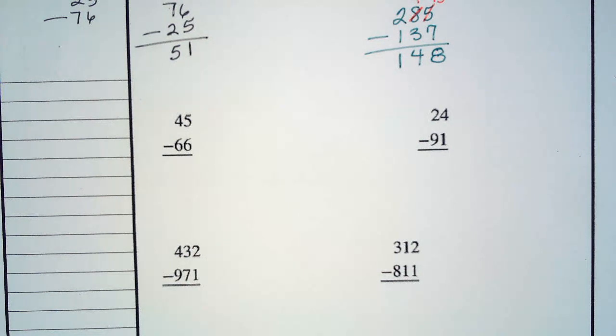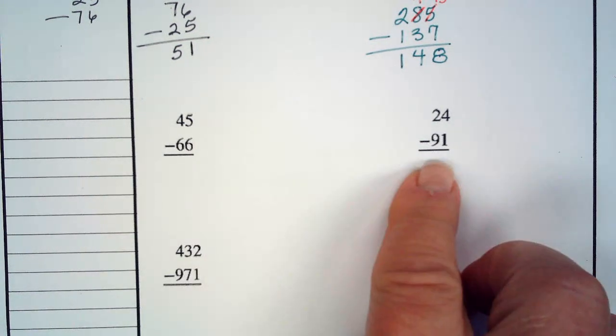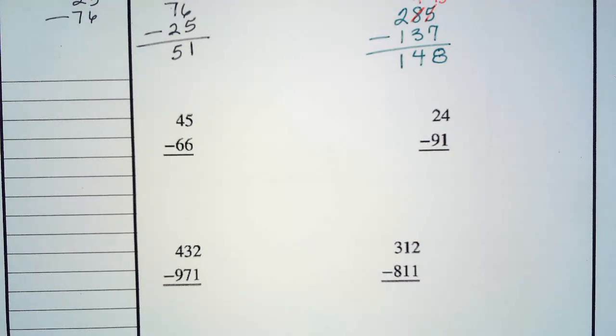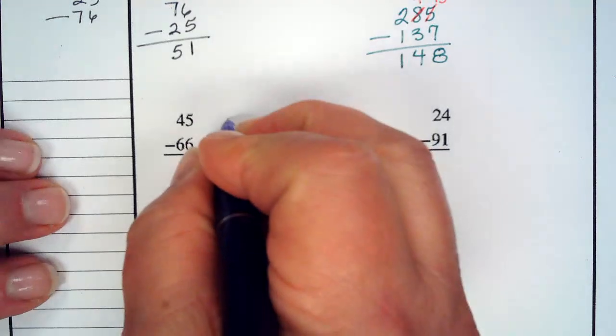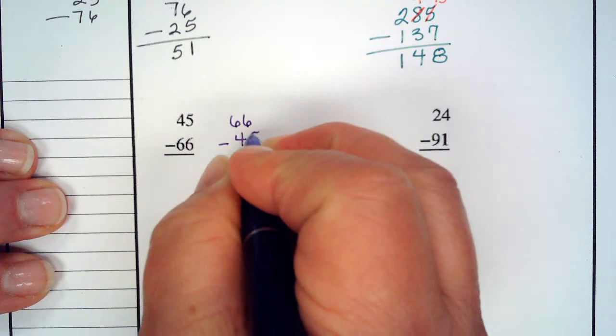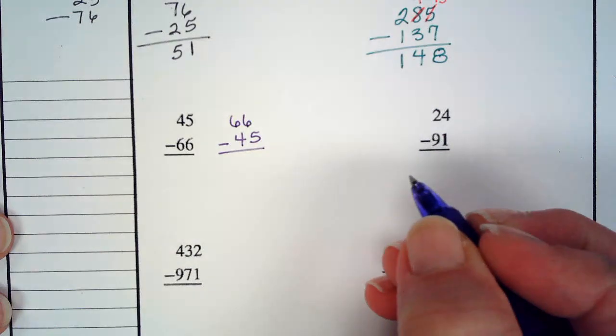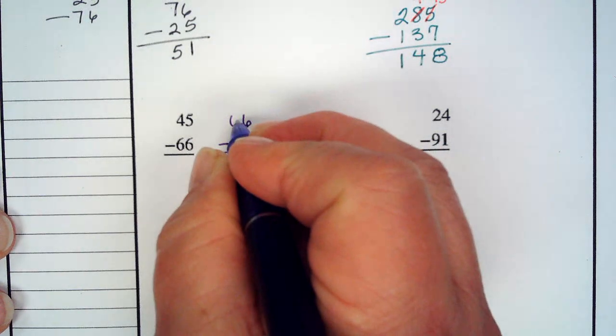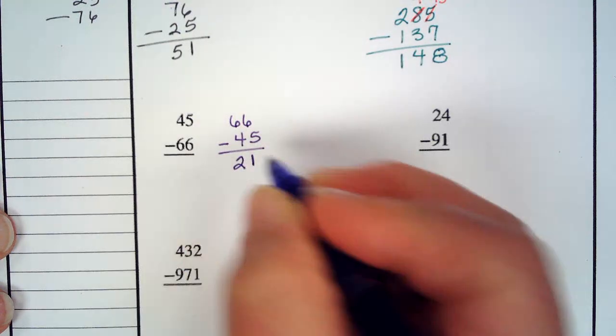Okay, we'll do the next one together, and then you'll do the next one on your own. Step 1. Flip them over so you can subtract. 6 minus 5 is 1. 6 minus 4 is 2.